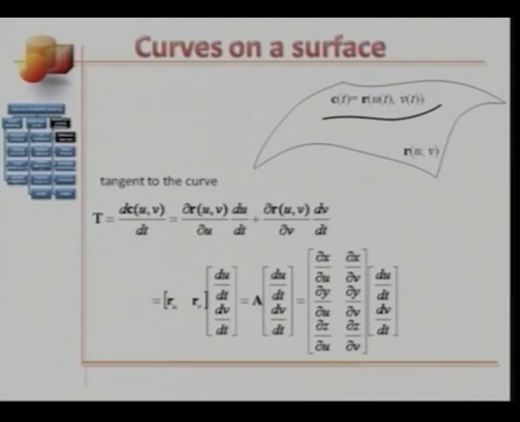You can think of writing this row vector as bold A, and then we have this column vector right here. In terms of scalar functions x, y, and z, where each function is dependent on the parameters u and v, we can write A as partial x over partial u, partial x over partial v. That's in the first row. In the second row, we have partial y over partial u, partial y over partial v, and in the last row, partial z over partial u and partial z over partial v.